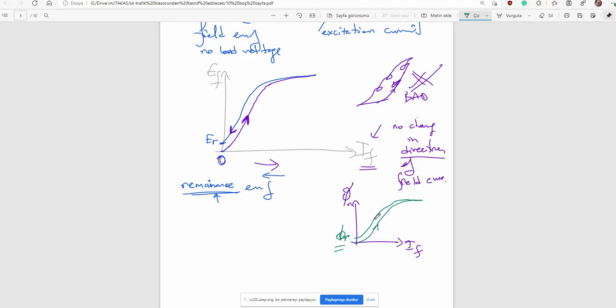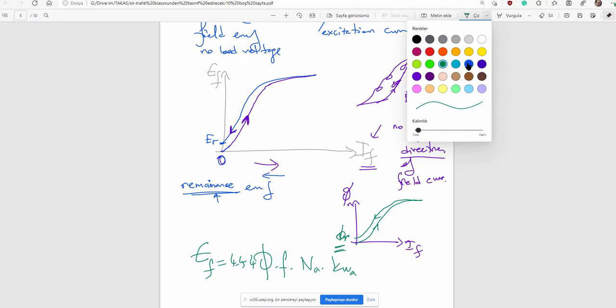That is the increasing curve, that is the decreasing curve. That is the remanence EMF flux. And you remember EMF is a function of flux and frequency and some other constants.